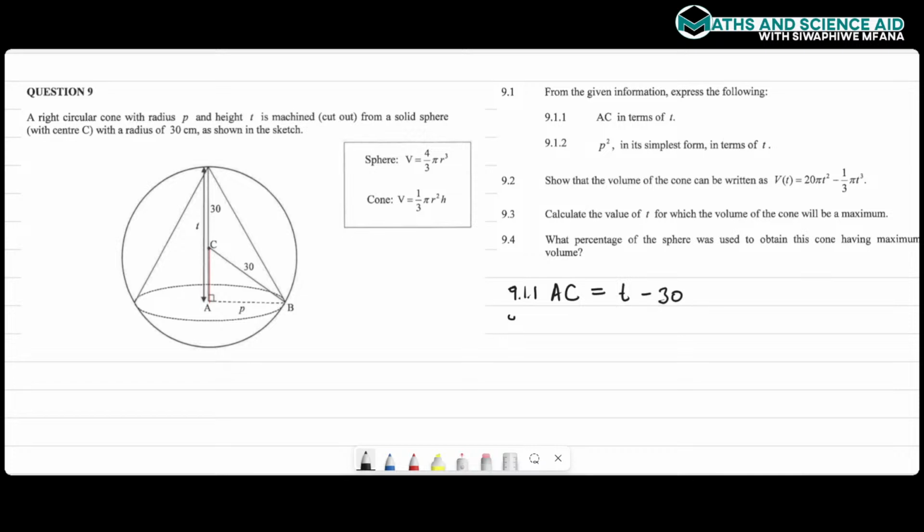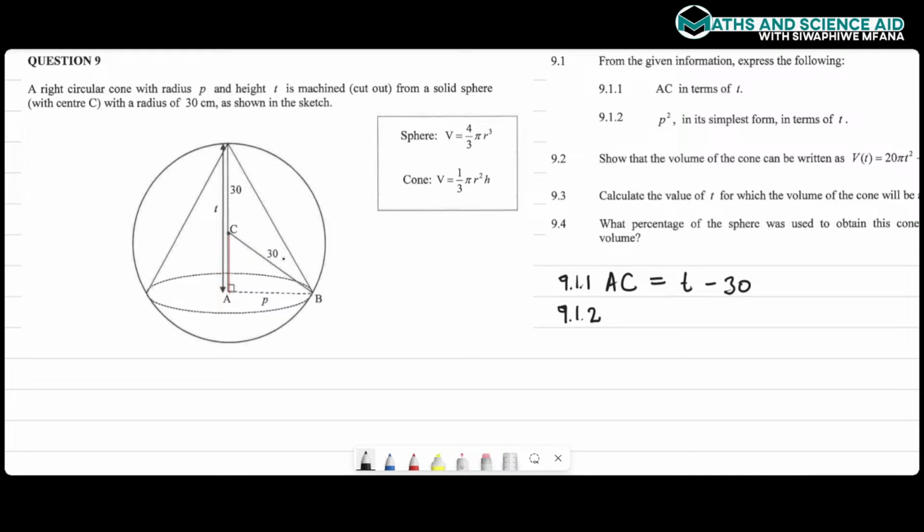And then 9.1.2. Now we need to express P squared in its simplest form in terms of T as well. Well, we can get this P squared from this right angled triangle that is formed here. So we just simply need to use Pythagoras, right?